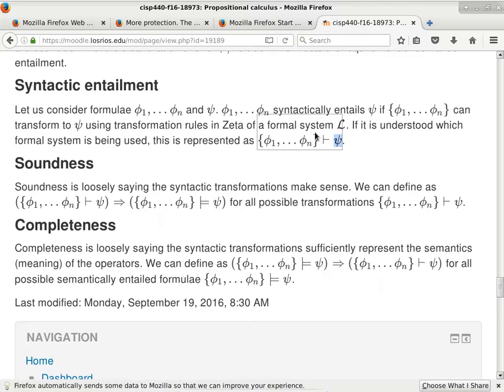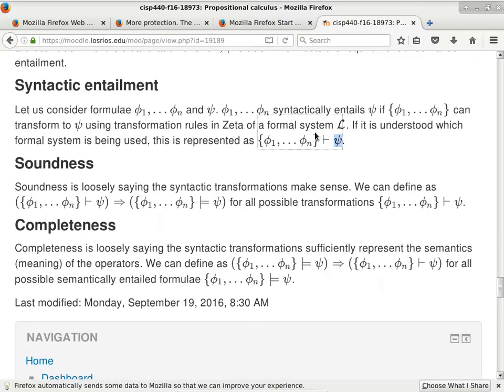So I can say these things syntactically entail that, but semantically they do not entail. Then we have a problem because now my mechanical system is no longer matching the meaning system that we use for proving theorems. Yep, go ahead.